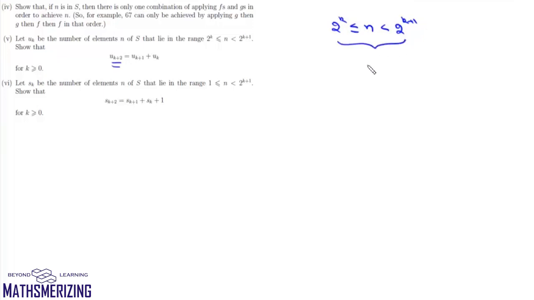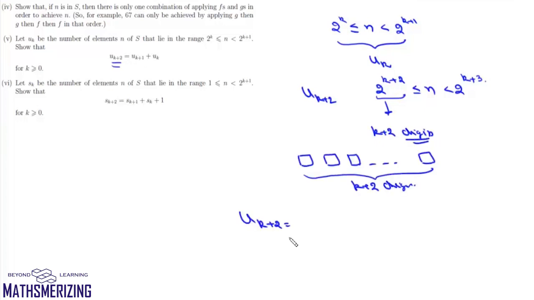So the number of elements in this region is denoted by uk. Now if we look at uk+2, it will be numbers that lie between 2 to the power k+2 and 2 to the power k+3. Now 2 to the power k+2 will be a binary number having k+3 digits.